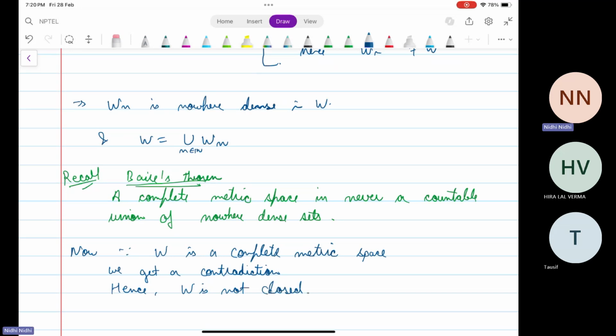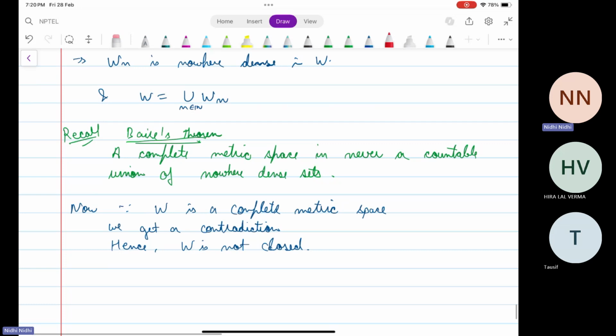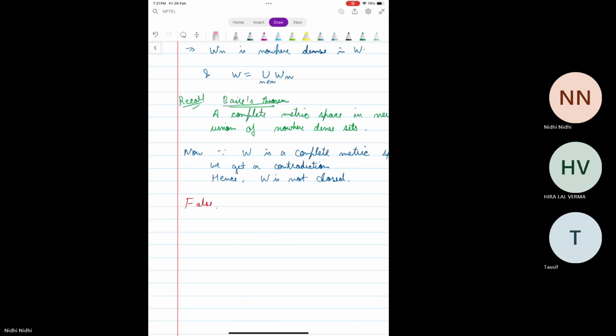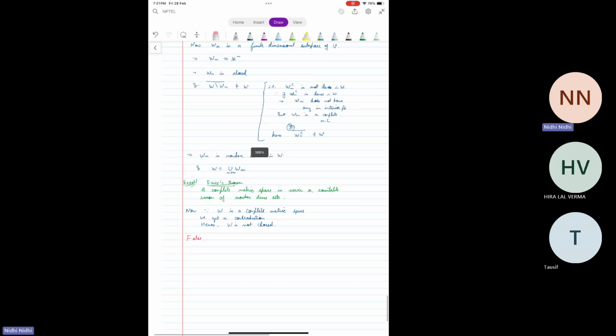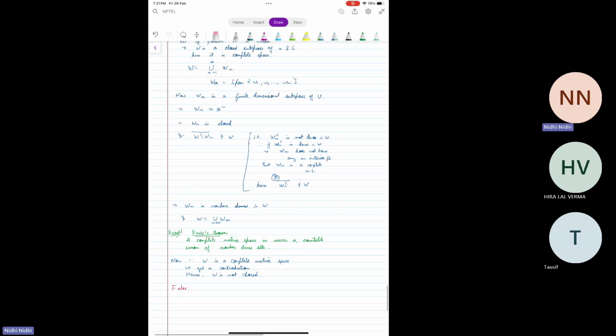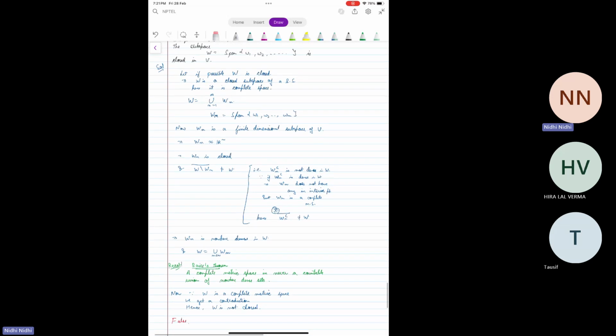Therefore, the given statement is false. Is it fine? Are you all able to comprehend how we use the Baire's theorem? Okay.